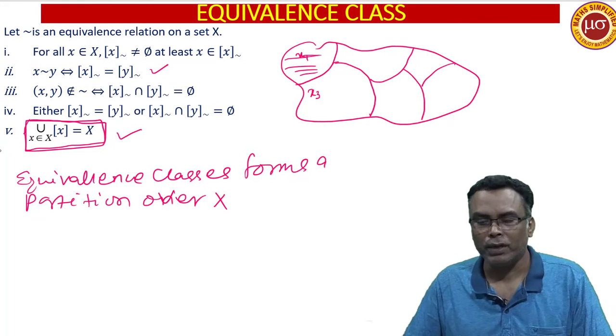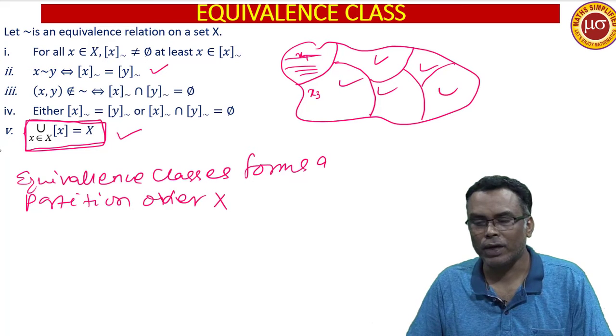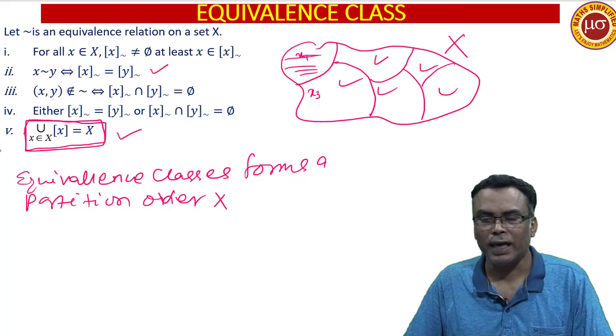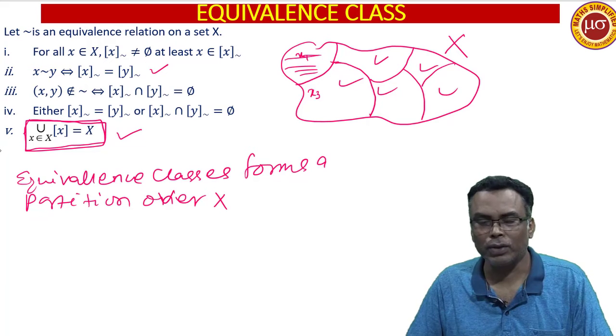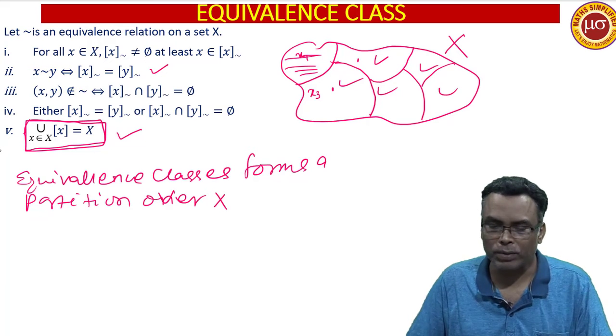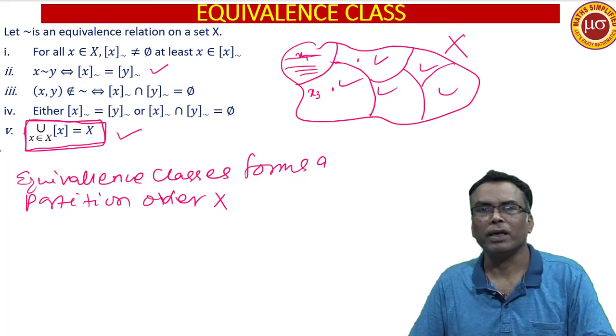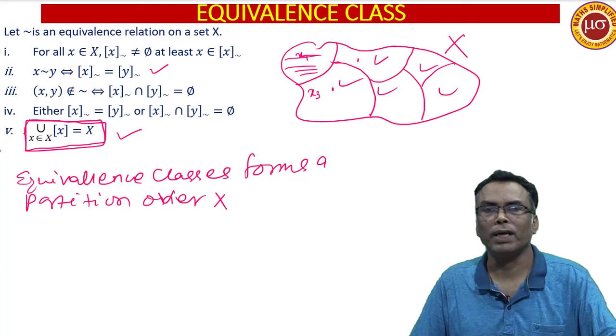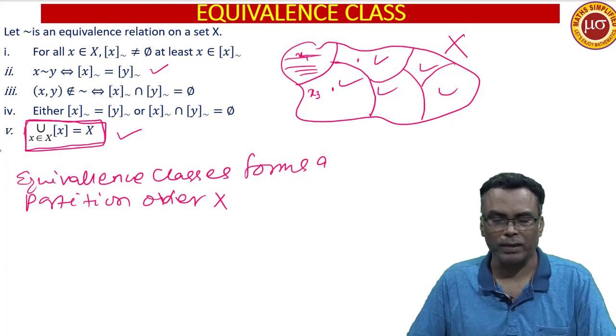If I take the union, I will get the total set X and there is nothing common. Any two have empty intersection, and taking the union gives the whole set. That is called a partition.